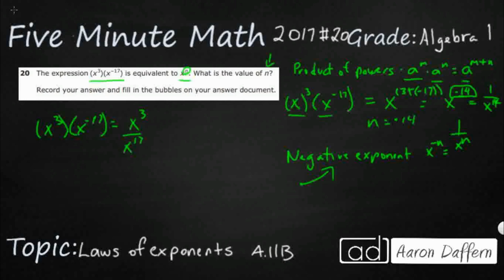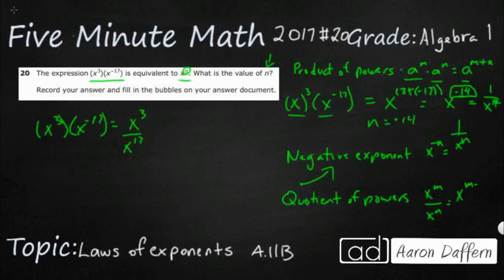We can go ahead and just put that in the bottom. This then brings up the quotient of powers, because we're now dividing. What this says is, if you've got x to the m over x to the n, that's going to simplify to the same base once again.